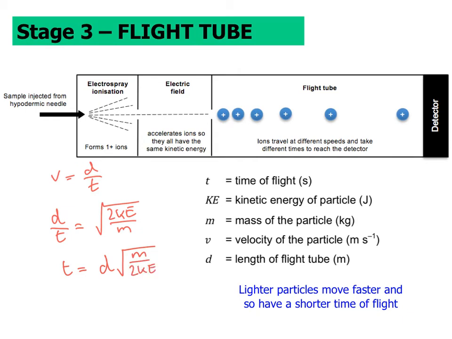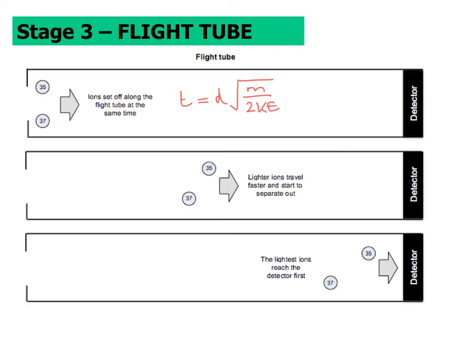I've made quite a few jumps there, so one thing that would be very important for you to do at this point is to make sure that you are happy to get from the first expression to the second expression.